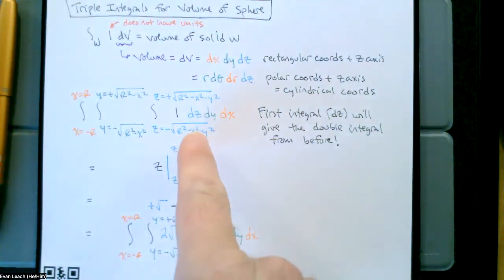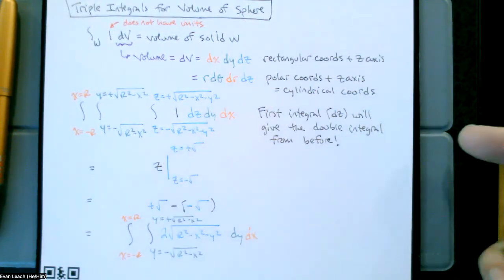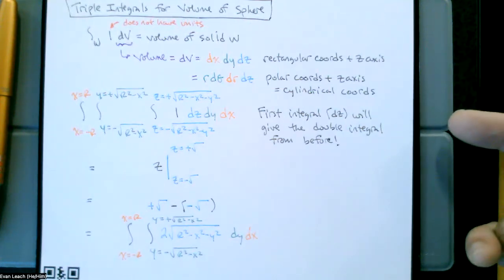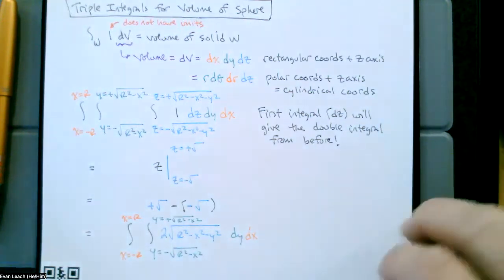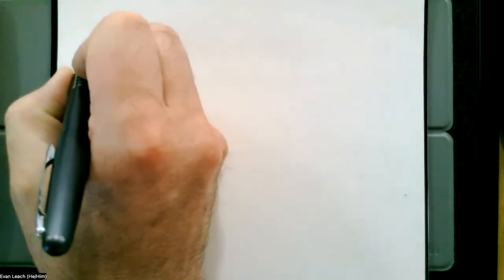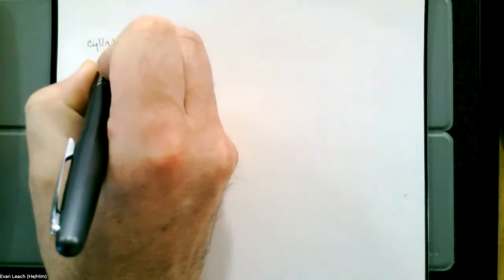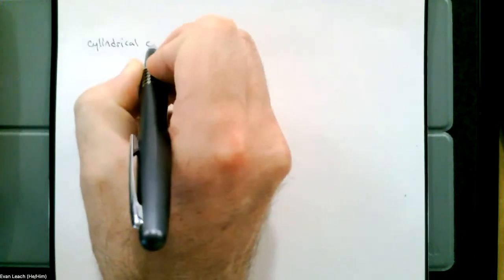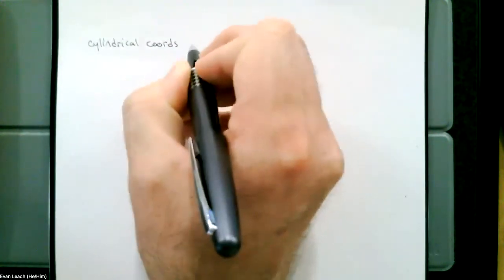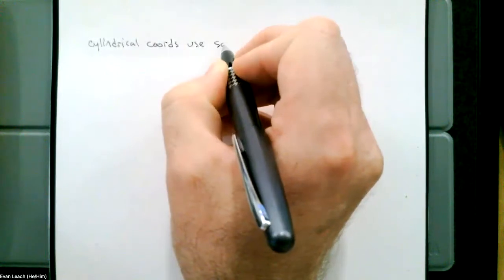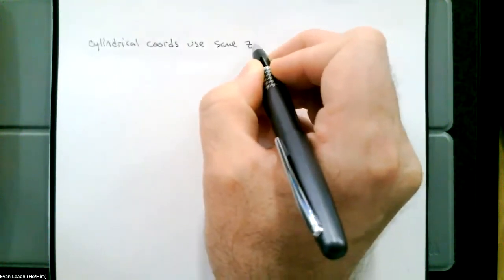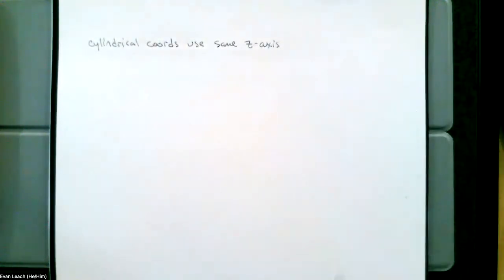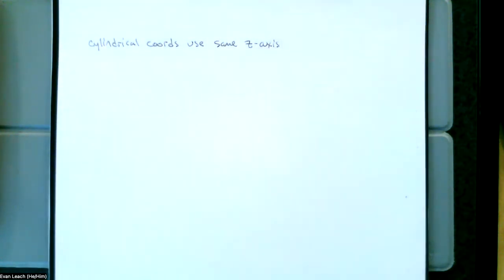The z part is still going to be the same because we're using the same z-axis for cylindrical and rectangular coordinates. We've replaced the x and y axes with just a pole.